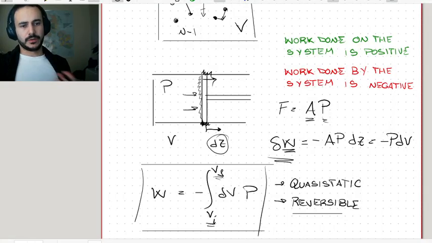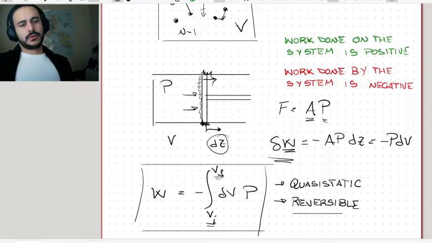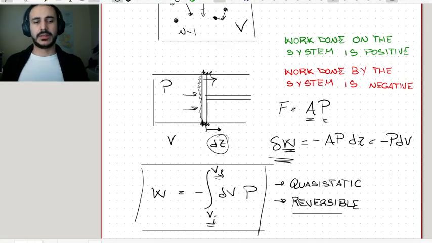So for Fermi, the work done by the system is positive, and the work done on the system is negative. I would strongly recommend you follow our convention all the time. That way you will never be confused. But if for some reason you choose a different convention, at least be consistent, because it's very easy to make mistakes with signs in thermodynamics. Okay.